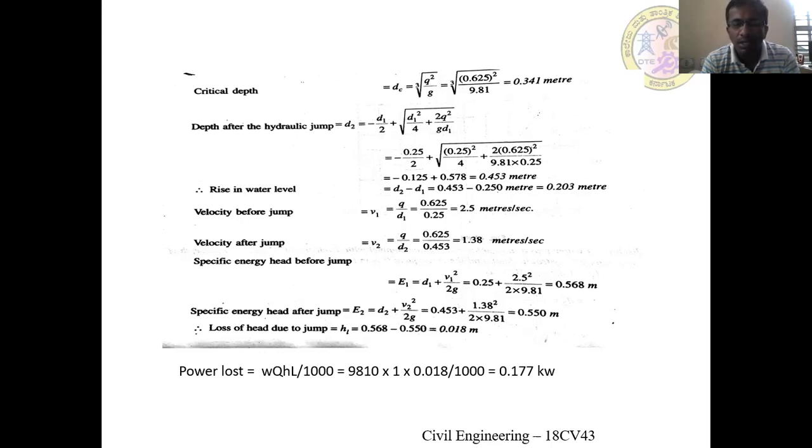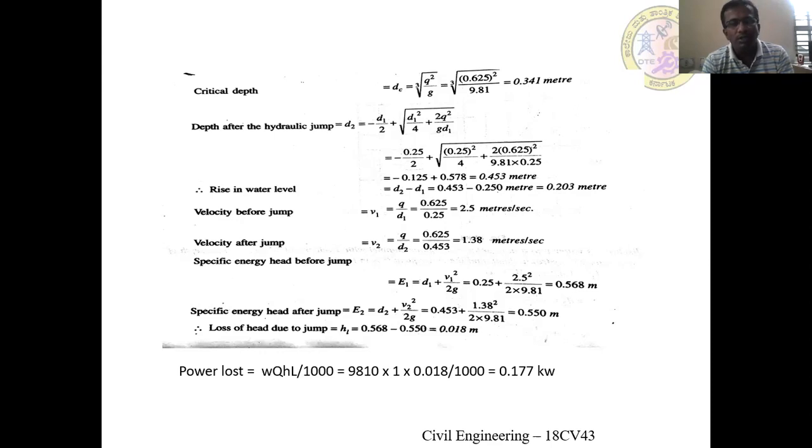Other than the Froude number, it is possible to find whether a hydraulic jump occurs or not on the basis of the critical depth. This is found by using the formula d2 equals d1 by 2 plus the square root of d1 square by 4 plus 2 q square by g d1.